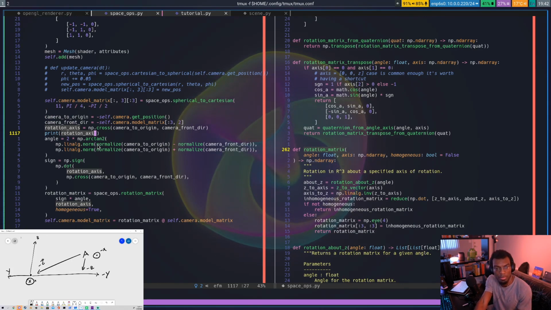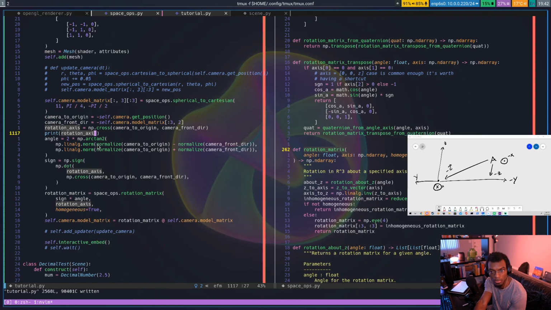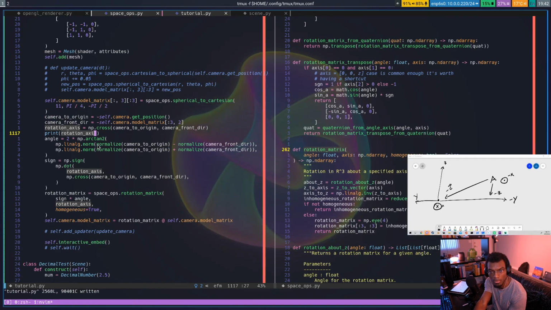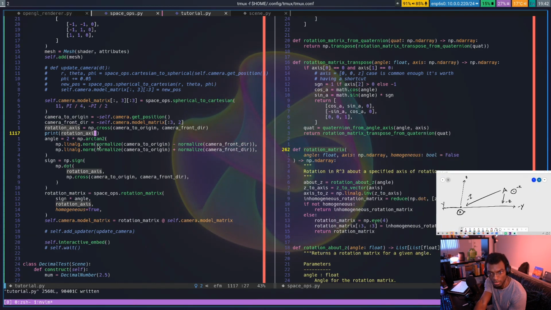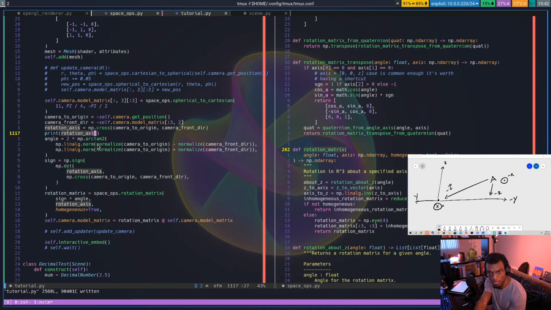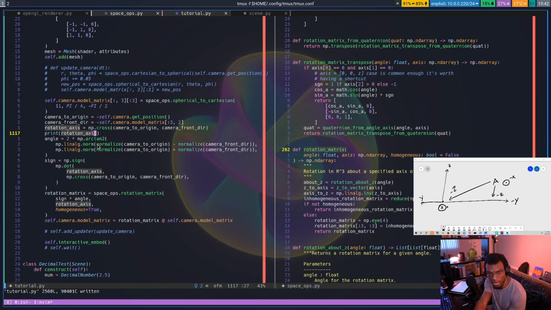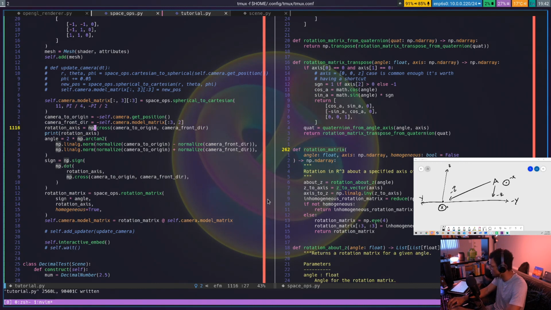Maybe there's a better place I can put this. One day I'll have a good stream. If I feel like it. Okay. So this is pointing in the negative x direction, which is what I expect.